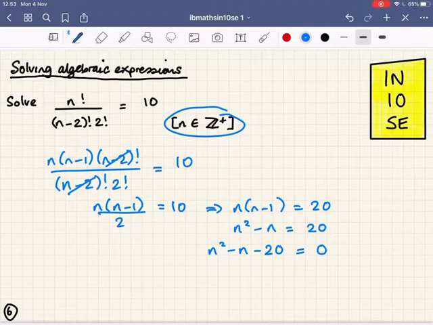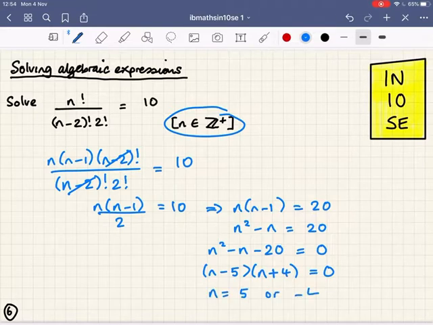And then a little bit of factorising from our prior knowledge, hopefully, of quadratics enables us to say n minus 5 times n plus 4 equals 0. And that gives me two solutions for n. That means n equals 5 or negative 4. But going back to here, where it said n must be a positive integer, that means the solution must be n equals 5.